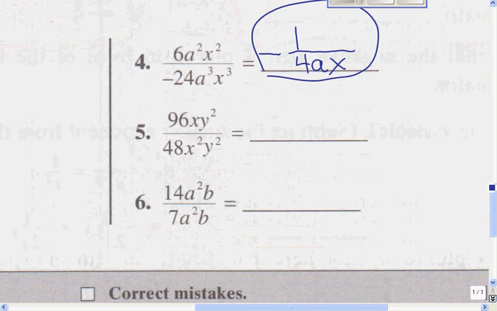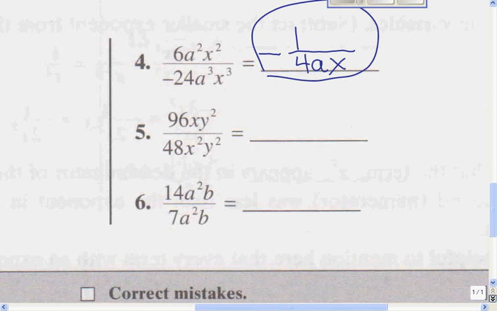Hope you're getting the hang of it. Okay. Now this one's a little bit tricky. The reason it's tricky is because nothing times 48 equals 96. Because 2 times 48, oh no wait, I'm sorry. 2 times 48 equals 96, right?